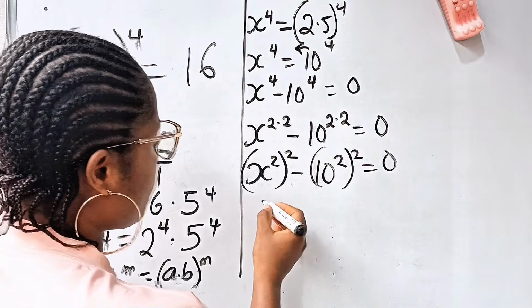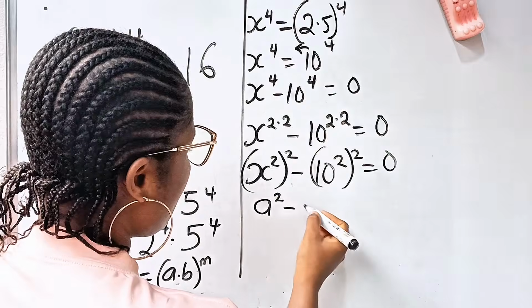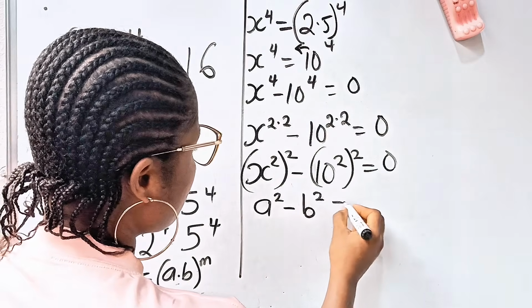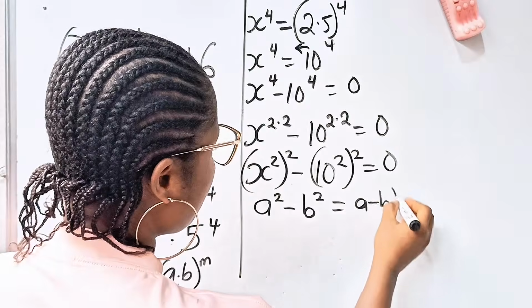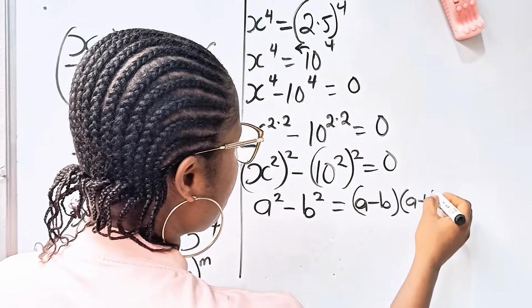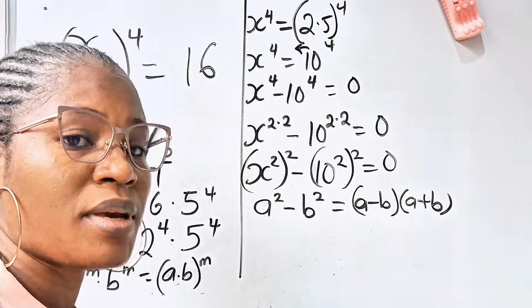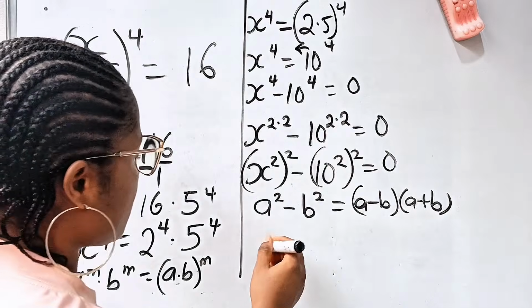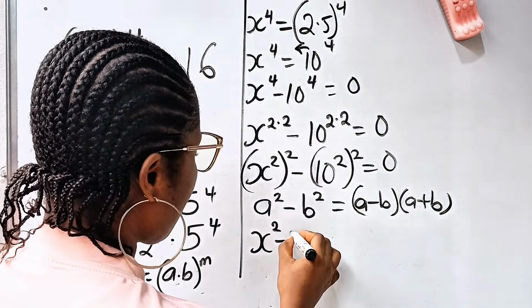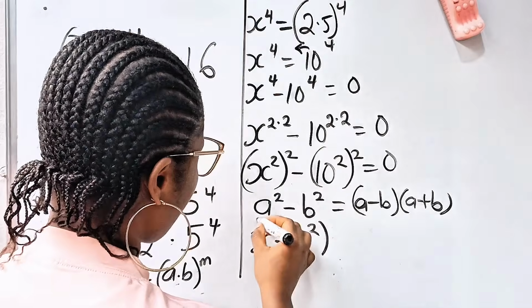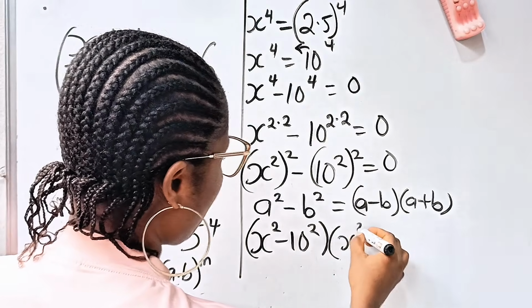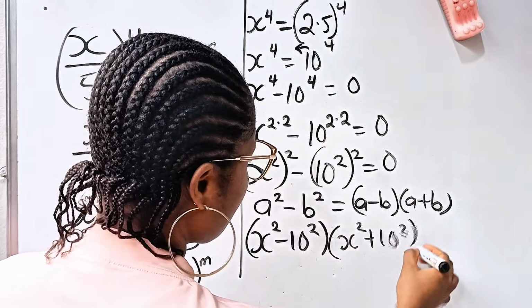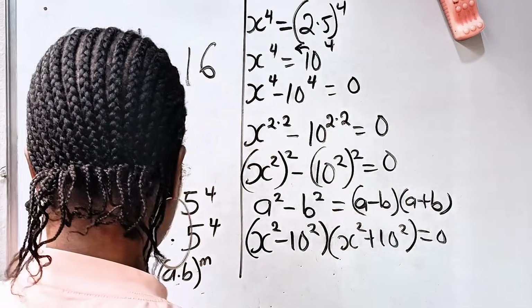Yes, because a^2 minus b^2 is equal to (a minus b) multiplied by (a plus b), which means that we can rewrite this as (x^2 minus 10^2) multiplied by (x^2 plus 10^2) is equal to 0.